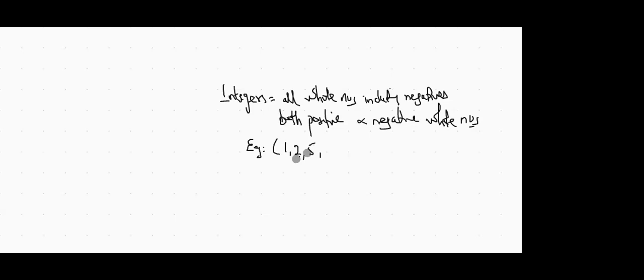But that's still only positive. Integers are both positive and negative whole numbers. Negative 2, negative 5. It's okay. So we've been able to list quite a number of them.